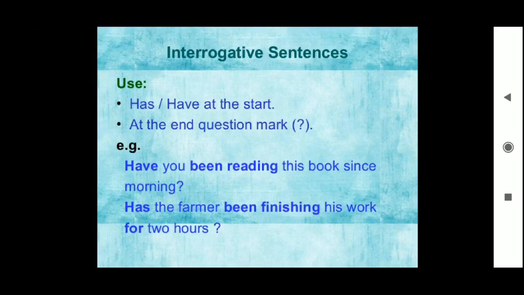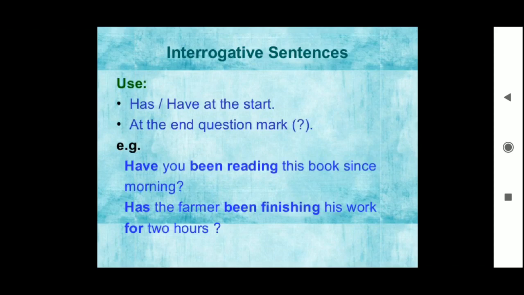Here, in this last slide of present perfect continuous tense, you can see here, in first sentence, have, then subject, then been, then reading, it means ing form of verb, then object, this book, and then point of time, since morning.